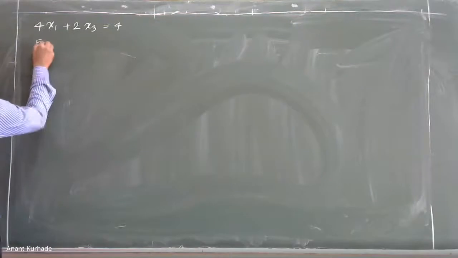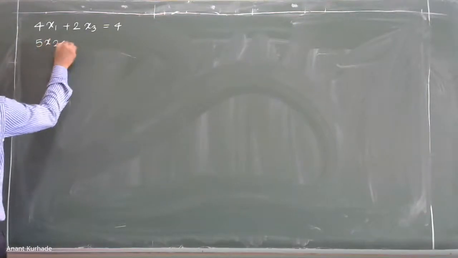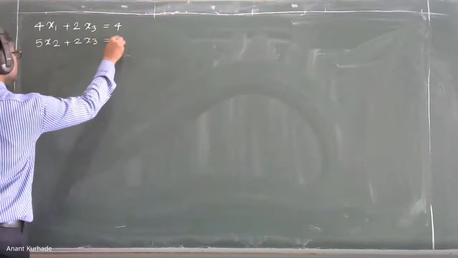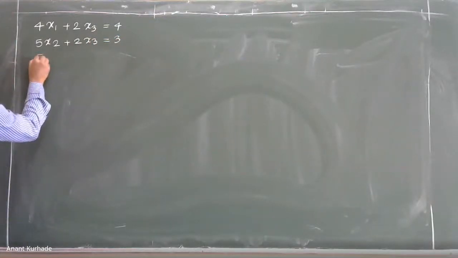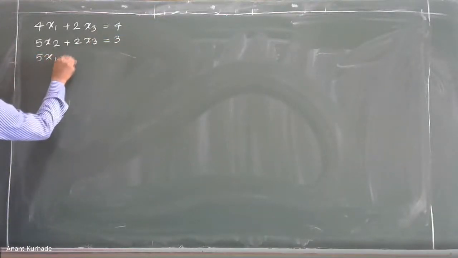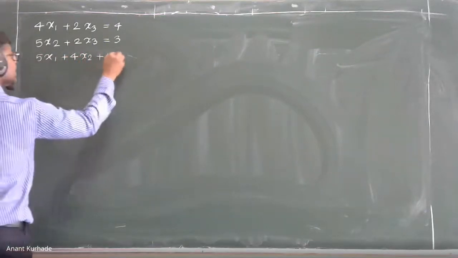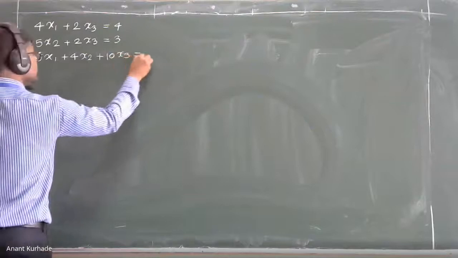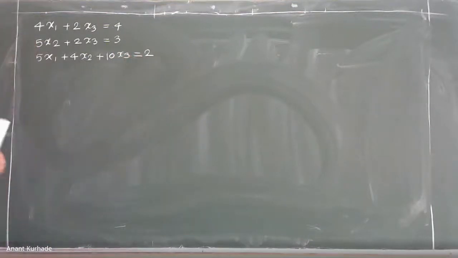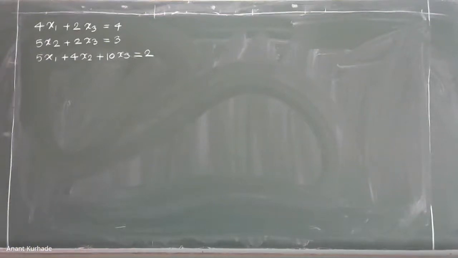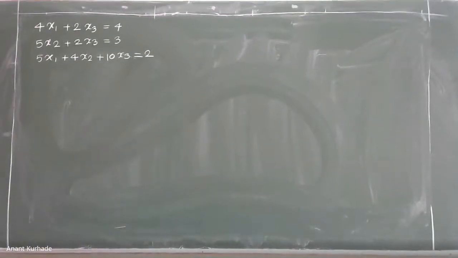The second equation is 5x2 plus 2x3 is equal to 3. And the third equation is 5x1 plus 4x2 plus 10x3 is equal to 2.